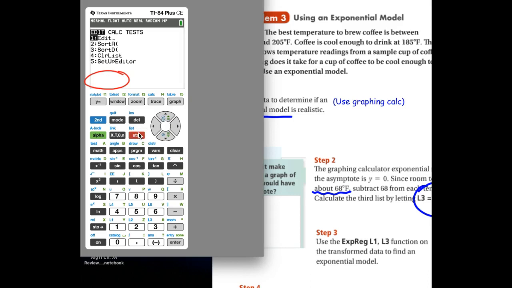We're going to calculate, and you have to scroll down to 0 where it says exponential regression. That's the one we want. We want it to come up with an exponential curve. So exponential regression. We're going to tell the calculator use list 1 and list 3, our adjusted values.